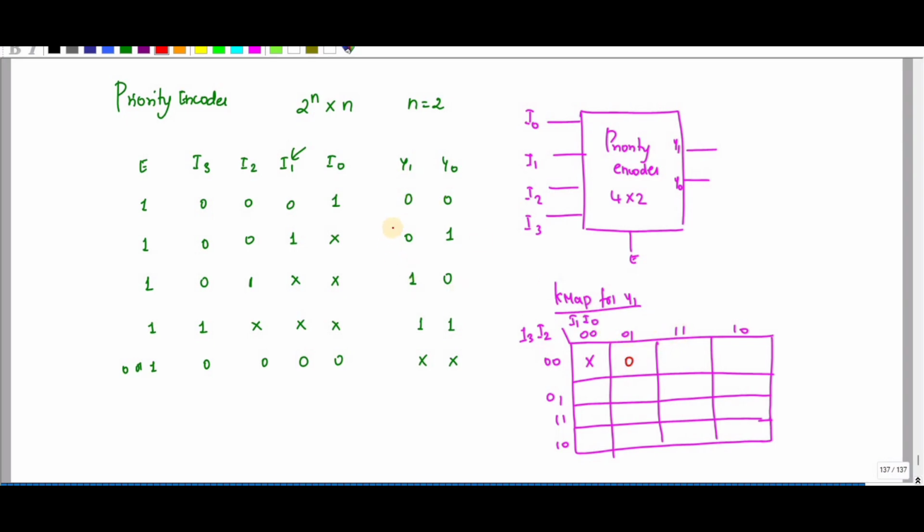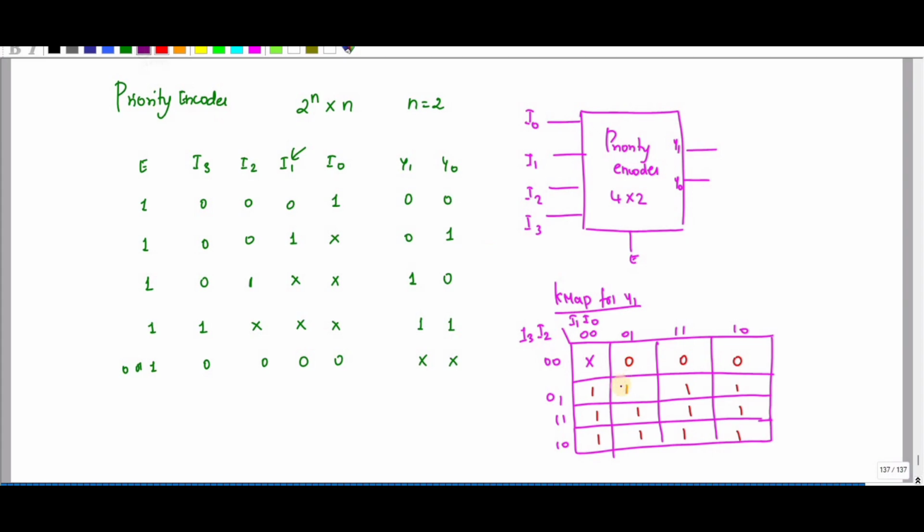If I1 is 1, it is also 0. If I2 is 1, it will be 1. If I3 is 1, Y1 is also 1.